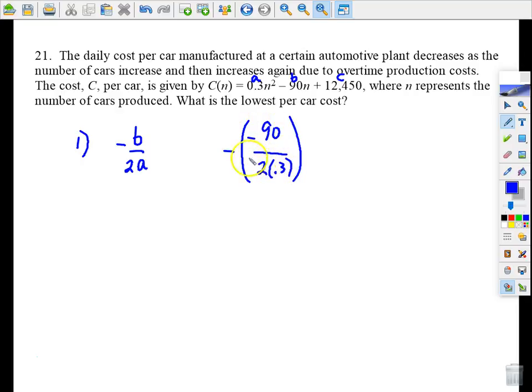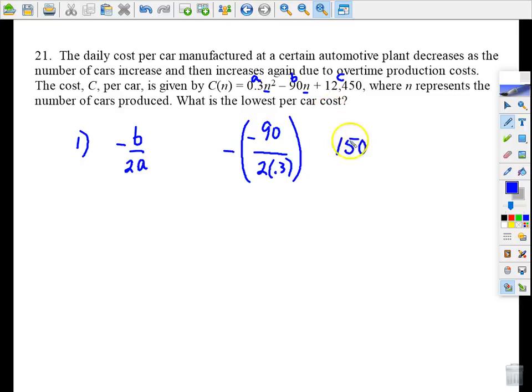The sign out here, the opposite of that, makes it positive 150. So for purposes of this function, you just found out what n is. N stands for the number of cars. That's not what you're ultimately asked to answer, but we need this number to come up with the answer: what is the lowest per car cost.